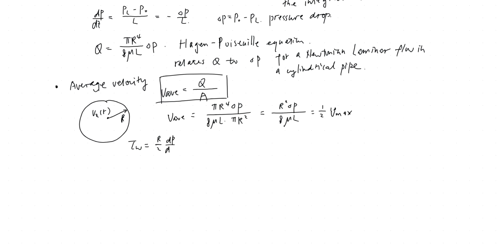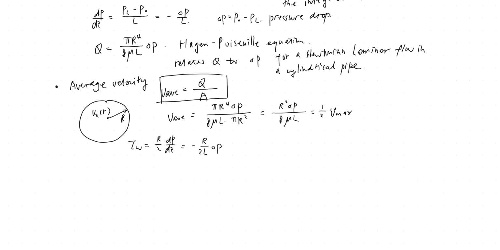So if you convert it into delta P, it gives you minus R divided by 2L delta P. Now you may ask, well, why is it negative? R is positive, L is positive, delta P is also positive because we set up a pressure difference to drive the flow. So indeed, the wall shear stress is negative.